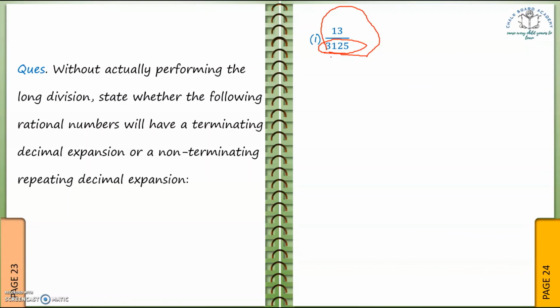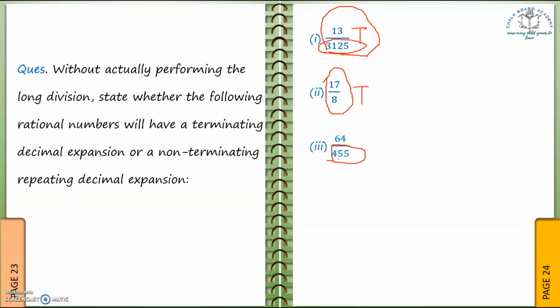So here 3125 is actually 5 times 5 times 5 times 5 times 5, so it only has 5 as a factor, so this number is actually terminating. Now next, 17 by 8, that means 8 has only 2 as a factor, so this is also terminating.